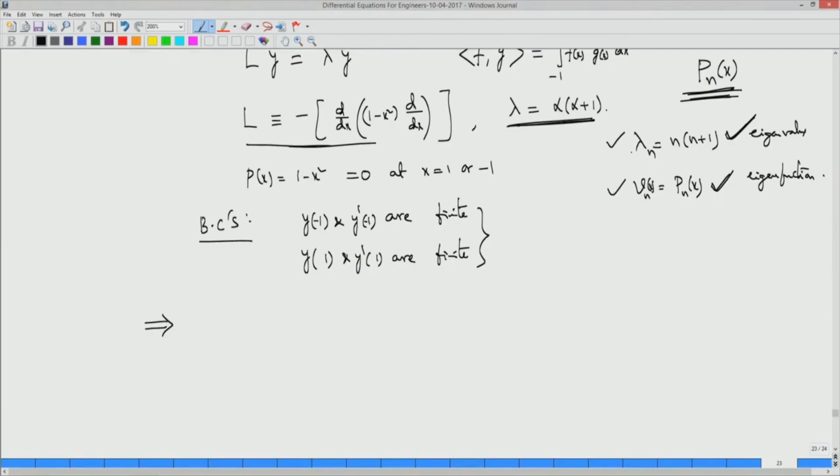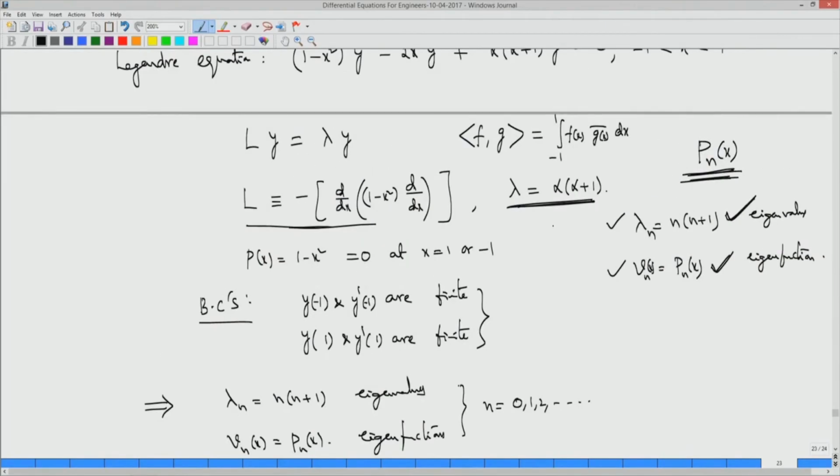For the sake of completeness, you can write lambda n as n into n plus 1, the eigenvalues. Corresponding eigenfunctions are Vn of x, which are Pn of x, corresponding to n from 0, 1, 2, 3 and so on.